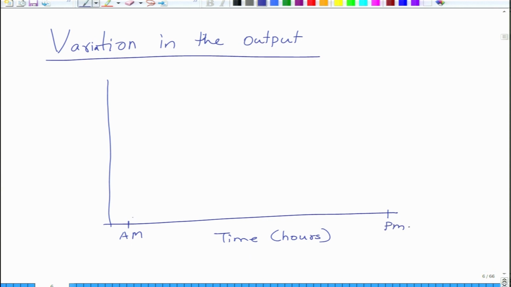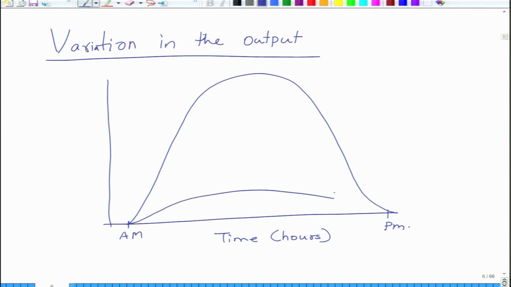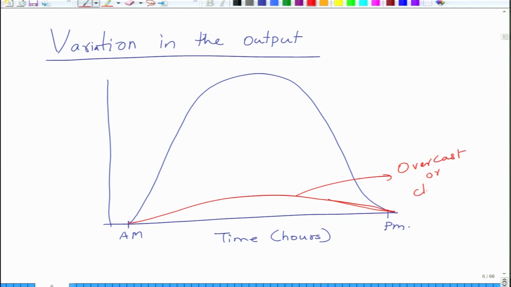On a clear winter day, the output varies like this, and on an overcast day, when you have cloud, I can draw this using a different color maybe, this would be for an overcast or cloudy day, and this would be for a sunny clear day.